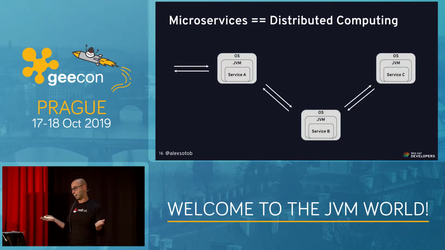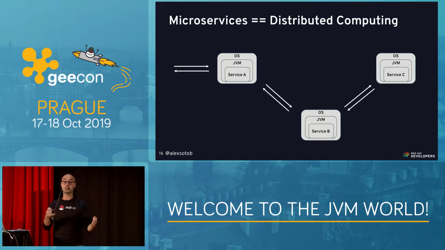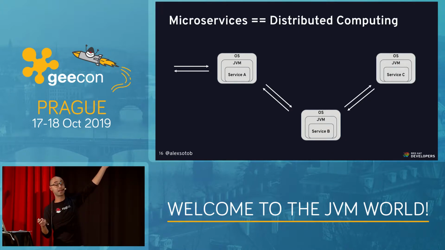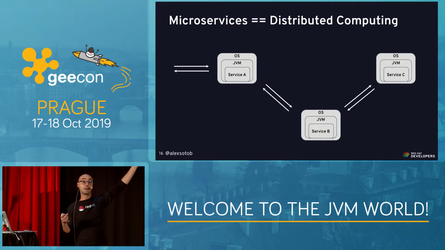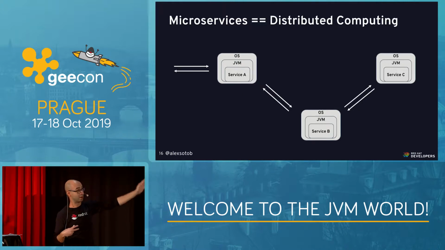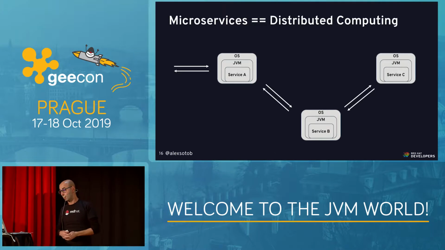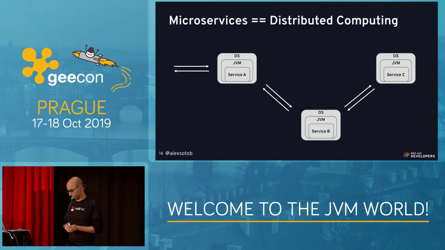But of course, at the very end, microservices is distributed computing. You have a service A running inside the JVM and inside an operating system that does a network call to service B, that does a network call to service C. At the end, it's distributed computing as we have done many, many years before.